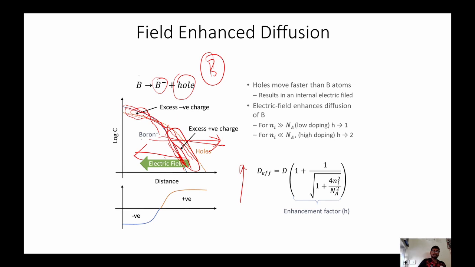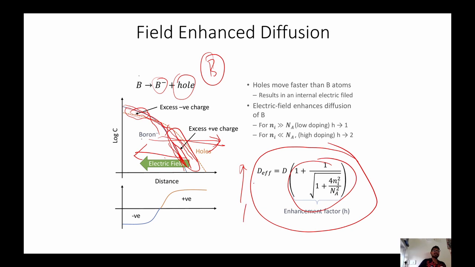This is the enhancement factor, and this is the total effective diffusion, because of the electric field which is induced because of the doping only.